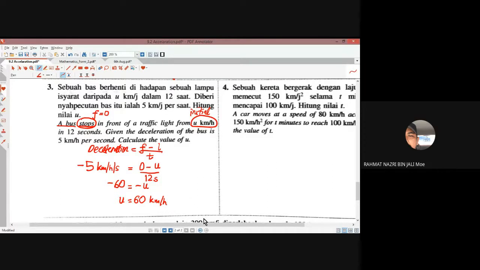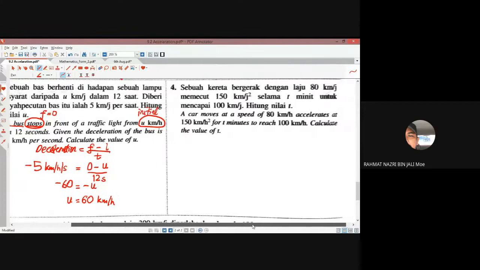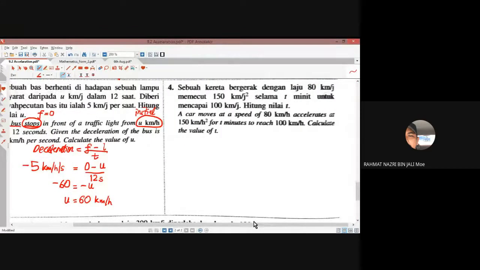Nombor 4. Apakah jawapan nombor 4? T. T is the time taken. So sama juga, kita ready with the formula.